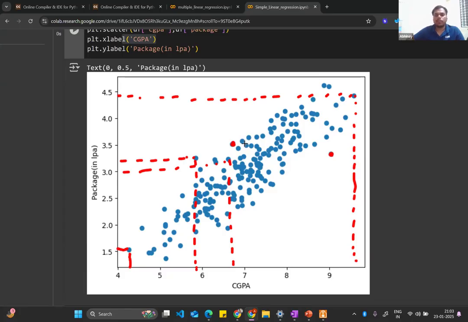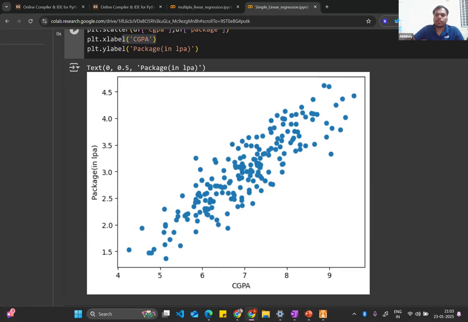Now, why are we making this scatter plot? Our main job is to make a linear line, and this linear line will tell you the value of the slope and the coefficient.